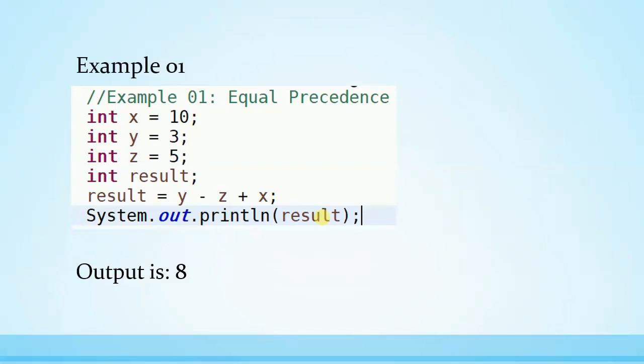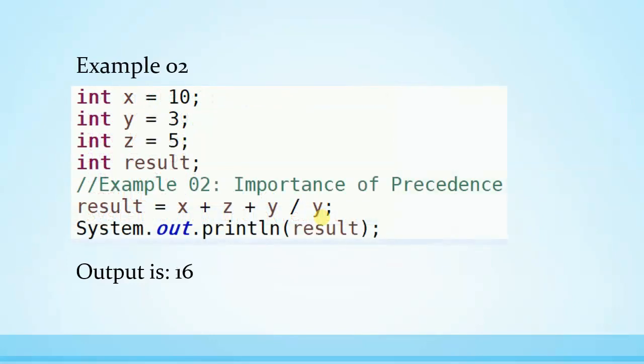Let's go to the next example. So the same variables x, y, z and result. Here we look at the importance of precedence. As usual, the assignment stays at the last.